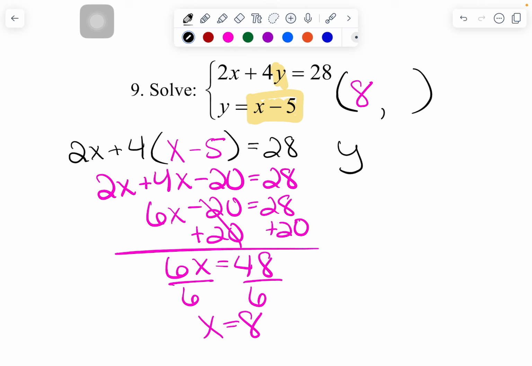I'm going to pick the one that I find easiest, which generally tends to be the one where the variable is already solved for, but it doesn't actually make a mathematical bit of difference. So x is going to get replaced, and there's a minus 5. So if I replace x with 8, y is equal to, well, 8 minus 5 makes 3. And so I am getting a solution point of (8, 3).